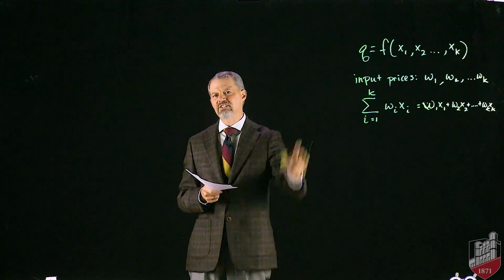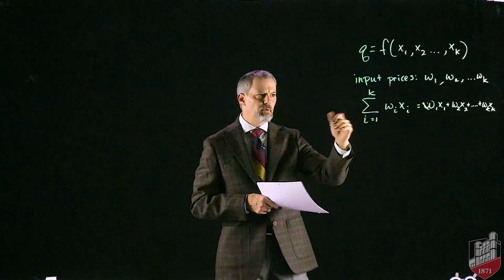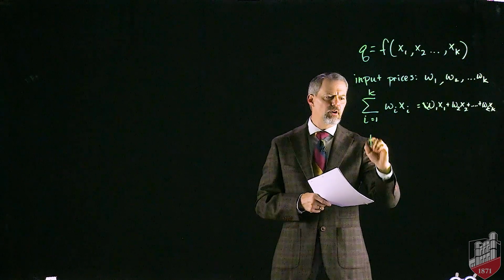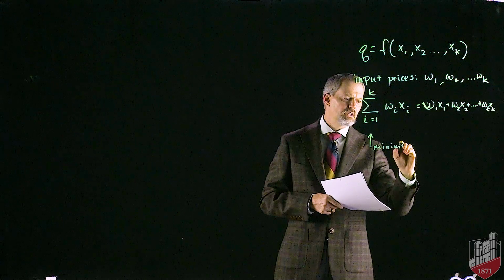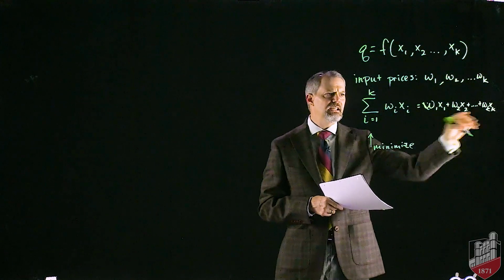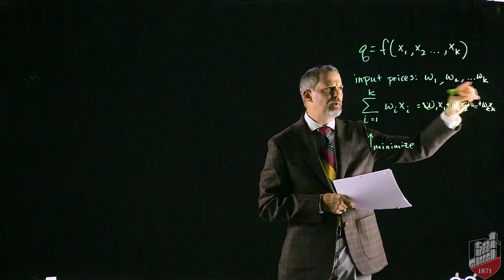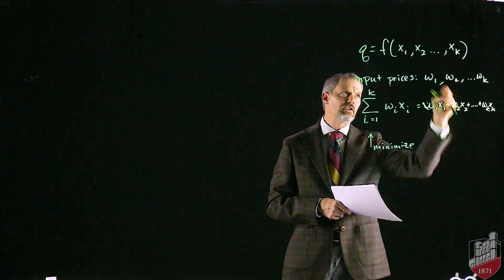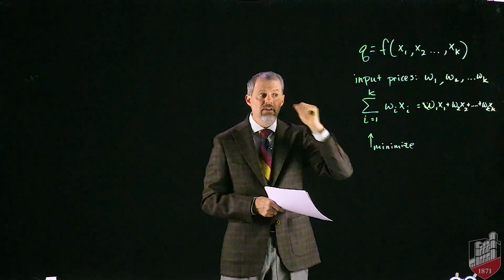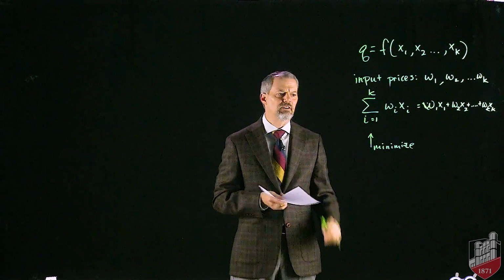And the firm seeks to minimize that cost of production. So the objective, the goal of the firm is to minimize this. In other words, choose, given the input prices, which the firm's going to have no control over, the quantity of X1, X2, up to XK that minimizes the cost of producing a particular level of output.